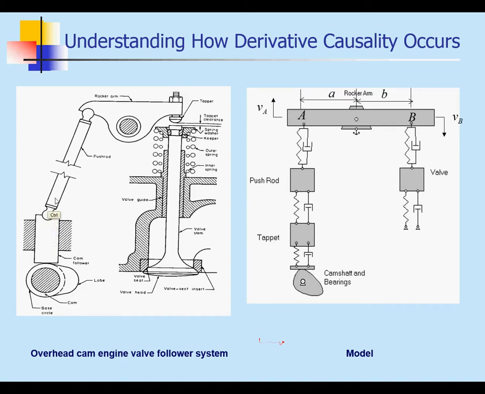device, and then it has this push rod that connects to the rocker arm. Some of these have hydraulic components inside, but for now, let's look at just the mechanical side. This is the rocker arm that, when the cam goes up, will push up like this, and this end will go down to either close or open this valve.